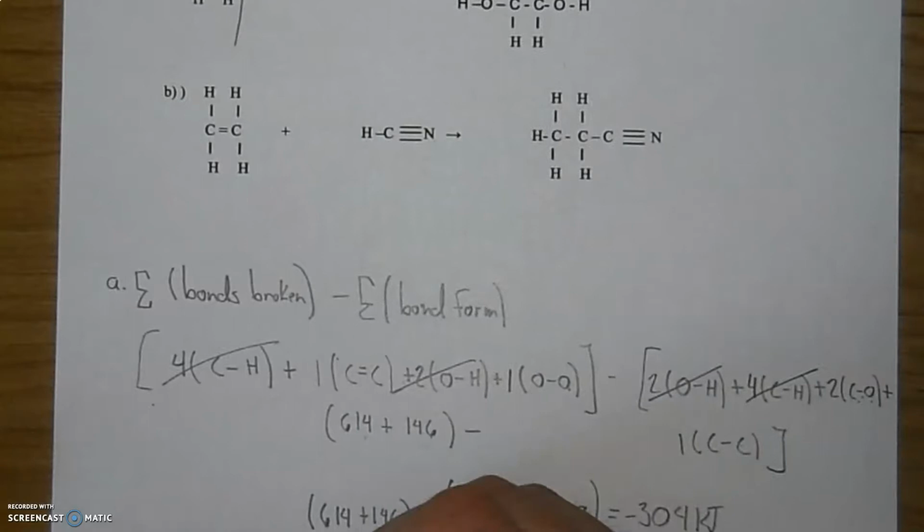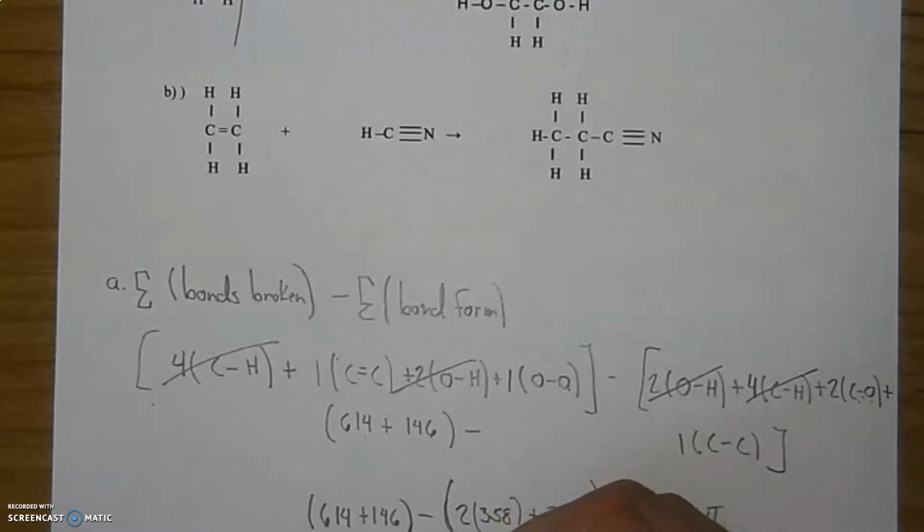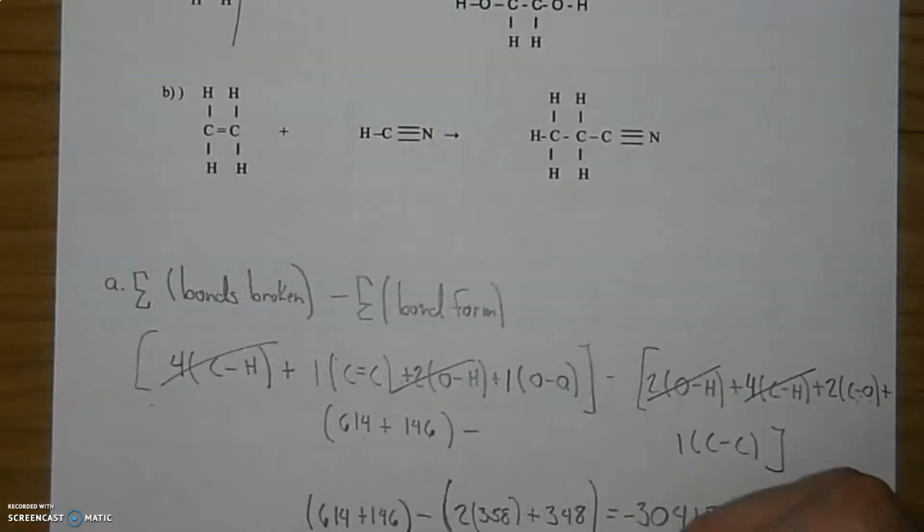So I'll just kind of say it and then write it. You won't actually see this. So 1 carbon to carbon double bond plus 1 carbon to hydrogen bond in the other compound, and a carbon to nitrogen triple bond.